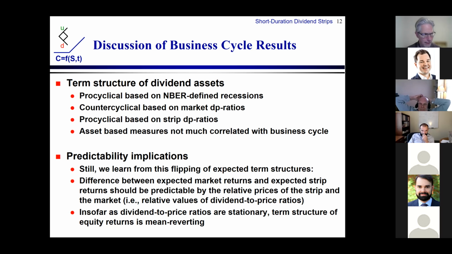In that case, why am I actually presenting this? Well, we still learn something from this particular flipping of the expected term structure. And this lower part down here, this is what I'm after. The difference between expected market return and expected strip return, so this term structure, that ought to be predictable by the relative prices of the strip and the market, or by the relative values of the dividend to price ratios. That is why I need these Gormson results.